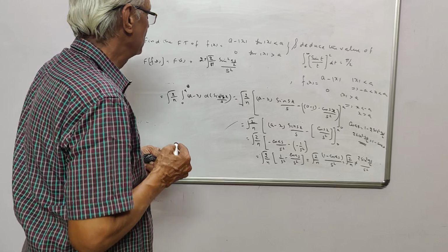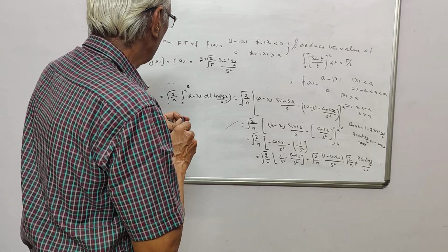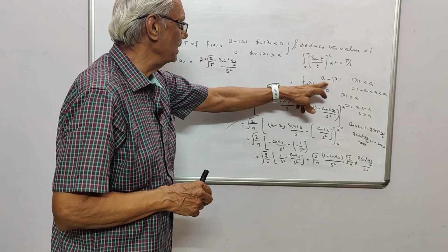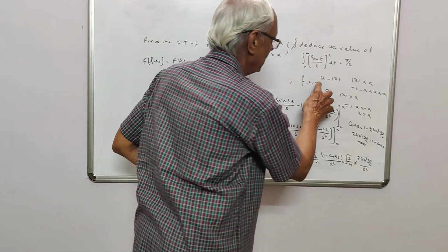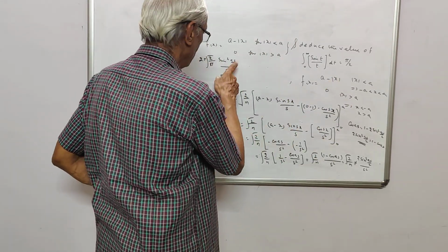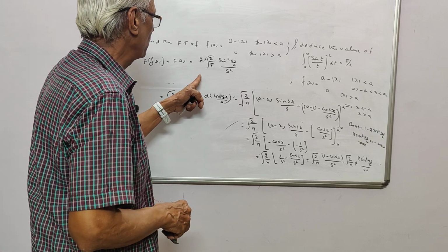This is what we get. So you see that this is the Fourier transform of this particular function, f of x equal to a minus root of x. This is the function that is given to me, so I am able to get this result.